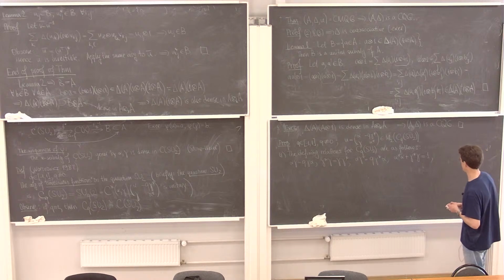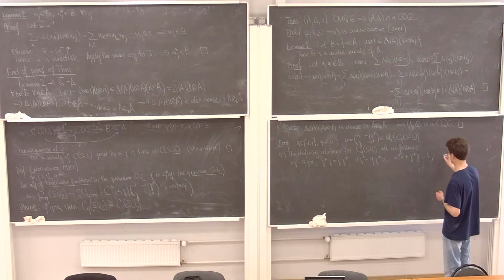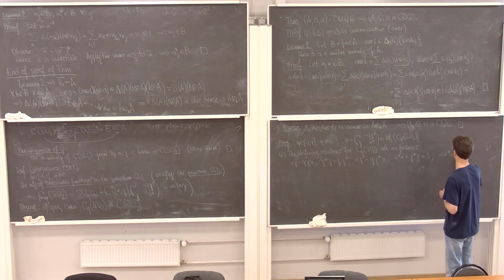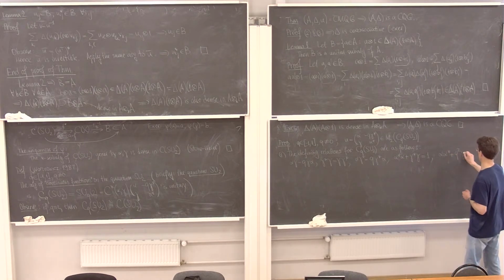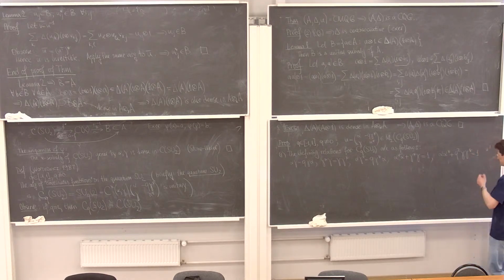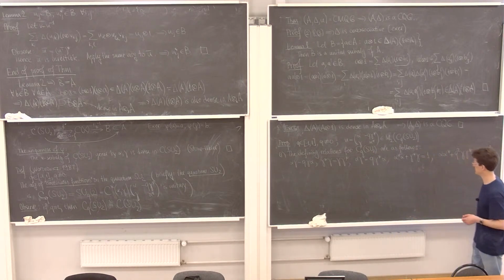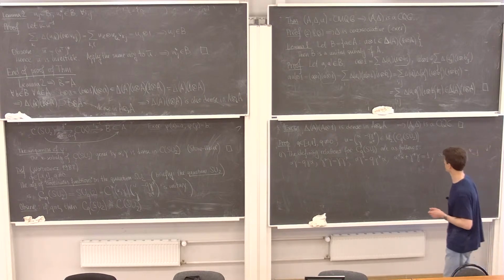And finally, if we interchange here alpha and alpha star, we get something different: alpha alpha star plus q squared gamma gamma star is 1. So these are the defining relations for our quantum SU2 group.